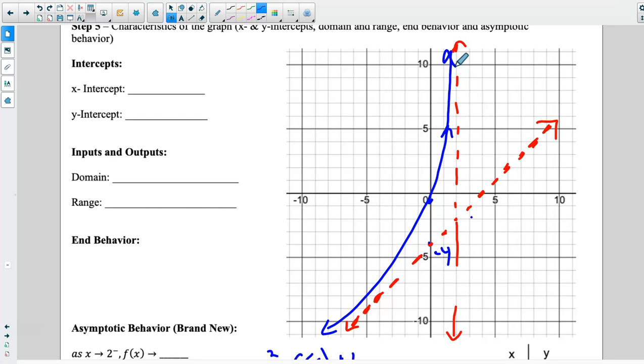You just gotta get a number. What's the number? Negative.